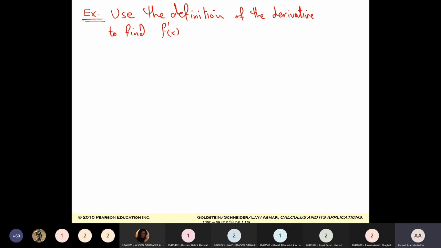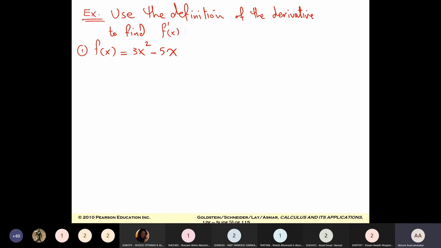Number 1, if we have f of x equal to 3x squared minus 5x. What's the first derivative of 3x squared minus 5x? What's the derivative? 6x minus 5. Why 10, Ibrahim? 2 multiply 3, 6.